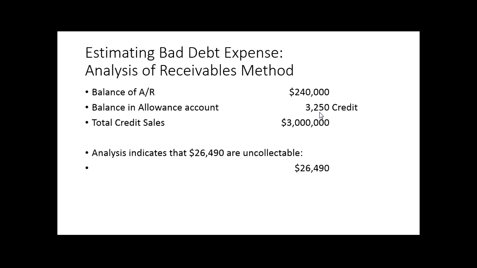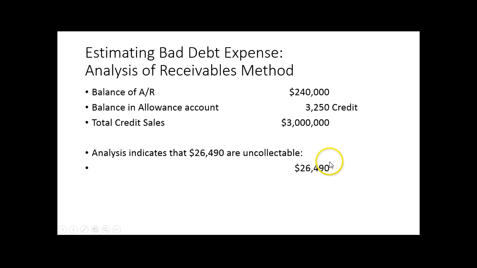As I mentioned in class, the balance in the allowance account could be a debit, and it gets hopefully pretty close to the line, but it could be a credit of $3,000, or a debit of $3,000, in which case we would have to get $26,490 as a credit from a debit of say $3,250.